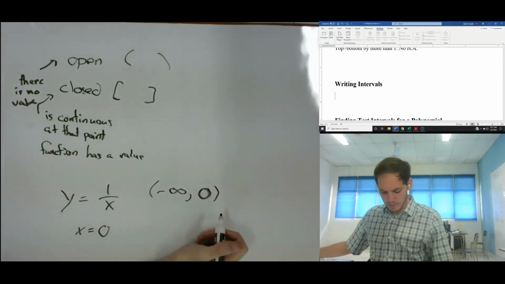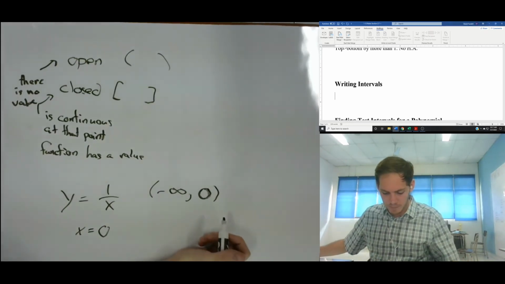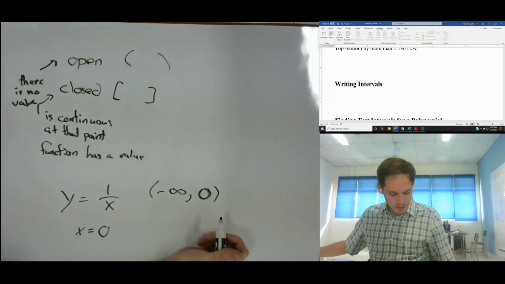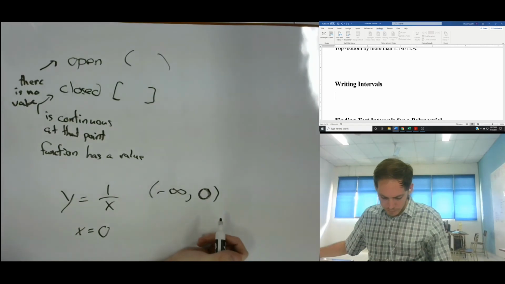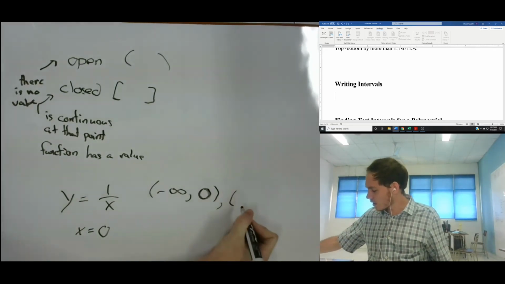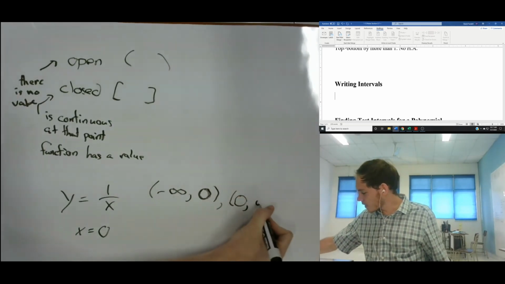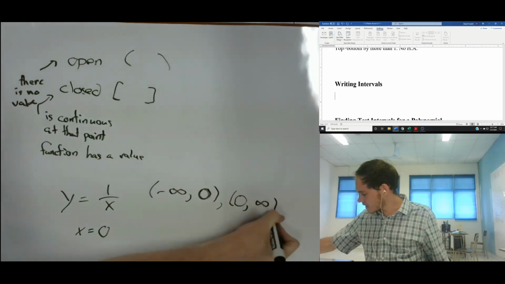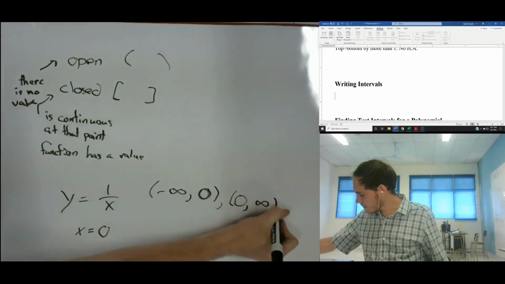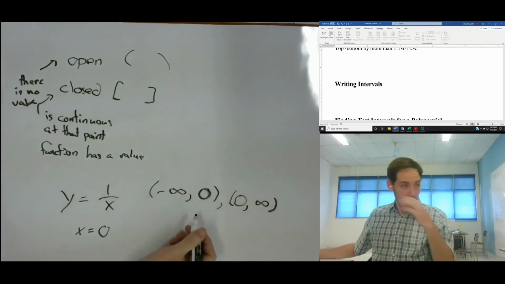When we're writing this, let's see what they do in the book. They just have commas. Then the next part of the function is the right side, which starts at 0, and again x approaches infinity. These are both open. We have no closed brackets on this one.